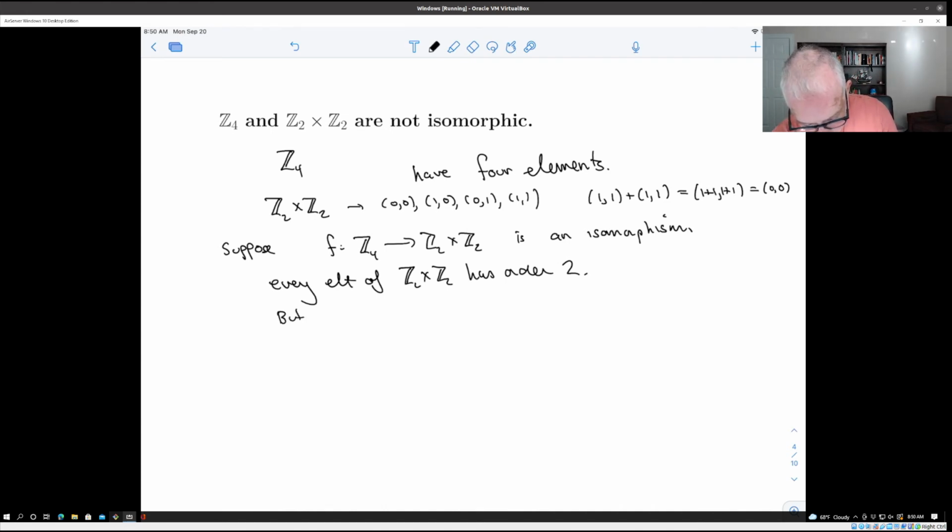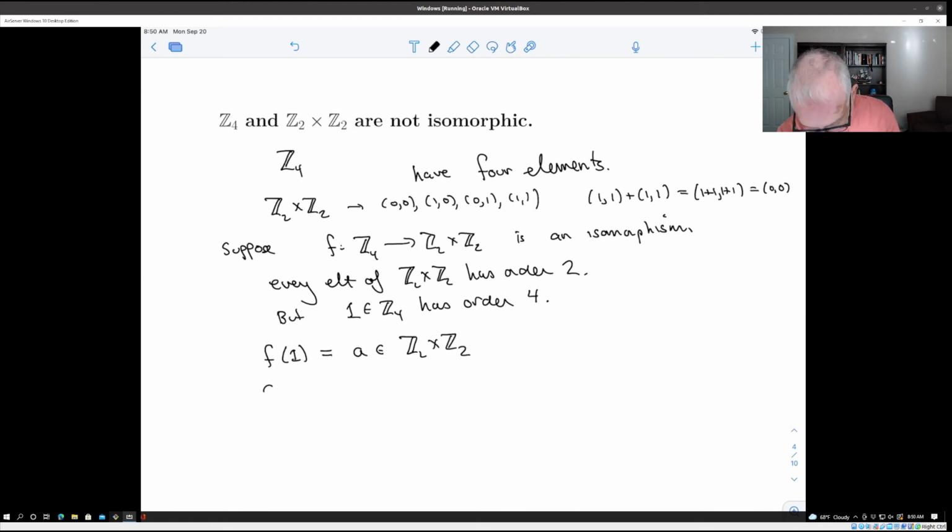But the element 1 in Z4 has order 4. So let's suppose that f of 1 in Z4 is some element a in Z2 cross Z2.